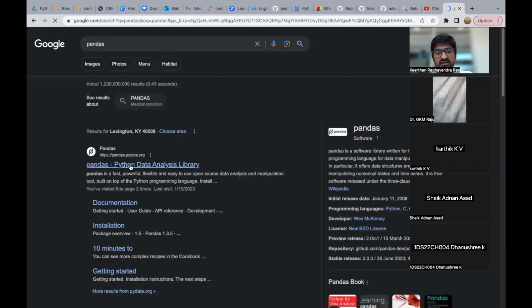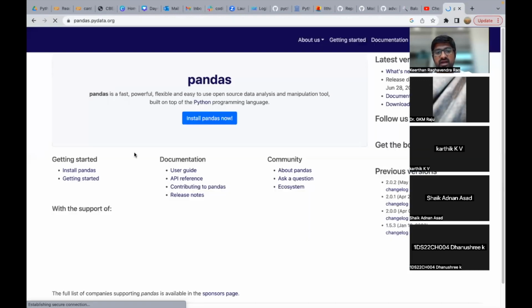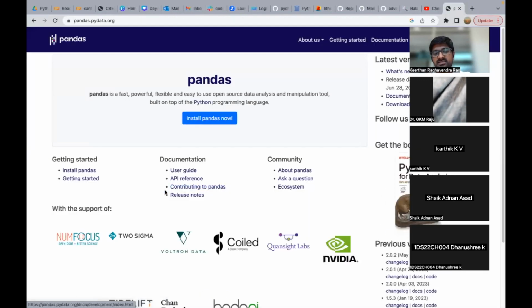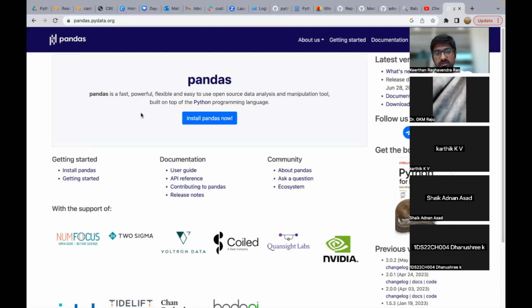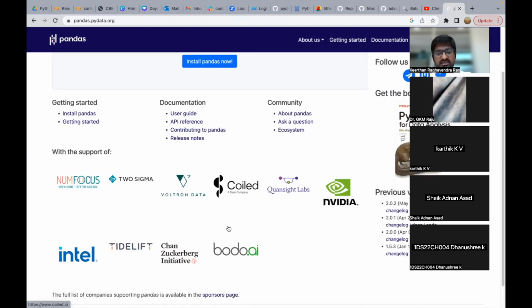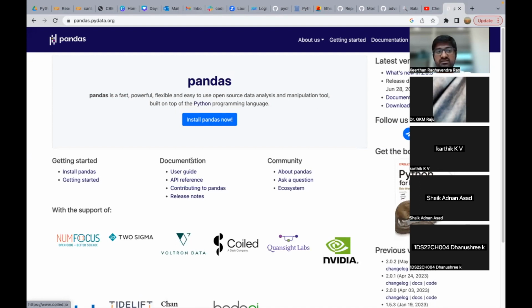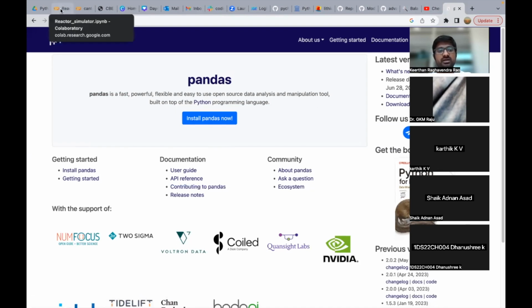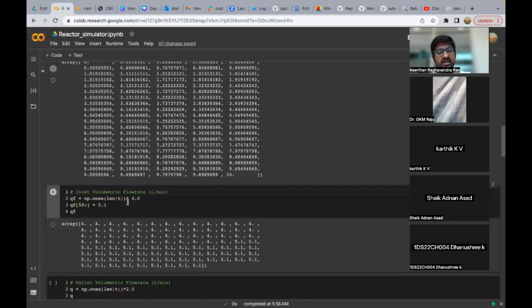So this is another package. Pandas is a data analysis library. You can use this package to load CSV files or Excel files onto Python. I didn't have time to go through this documentation because it is quite extensive, but it's also very simple. Kind of similar to NumPy, but I feel like it has more functionality and it's much more simple.